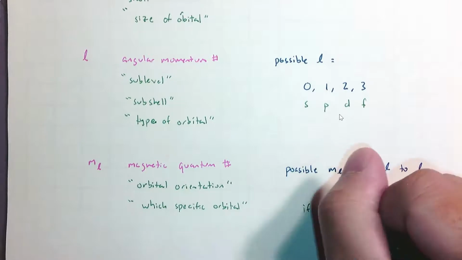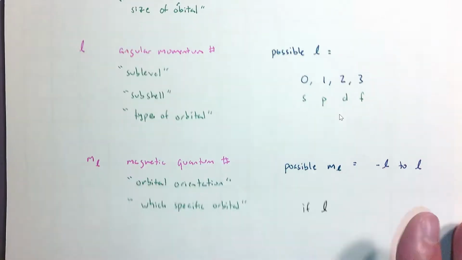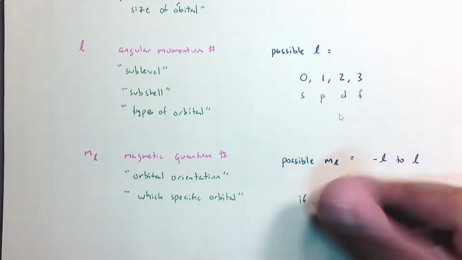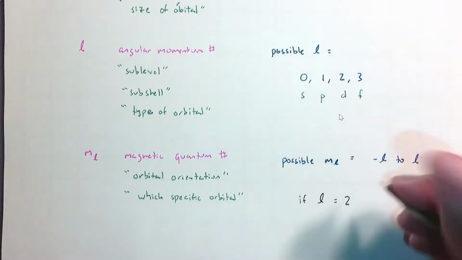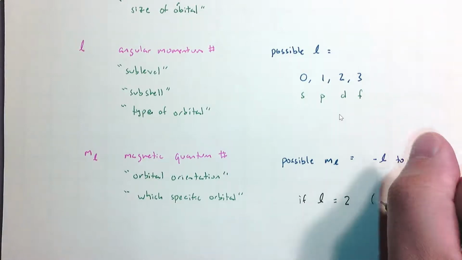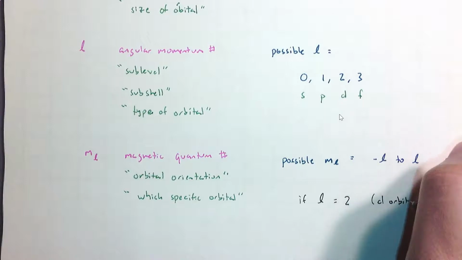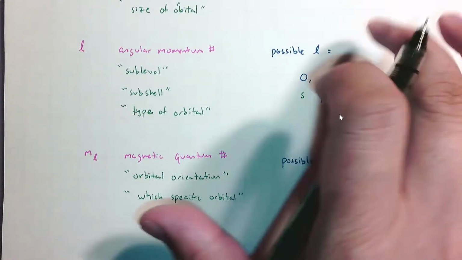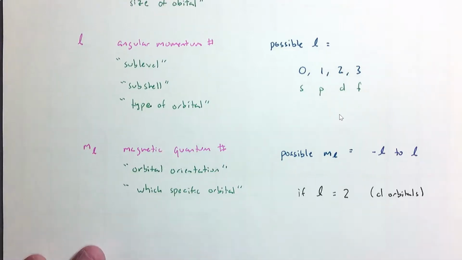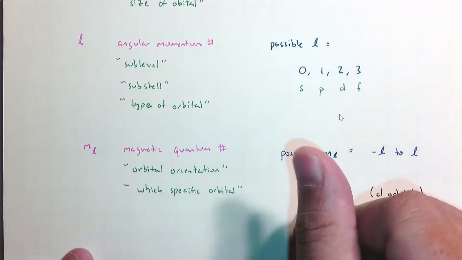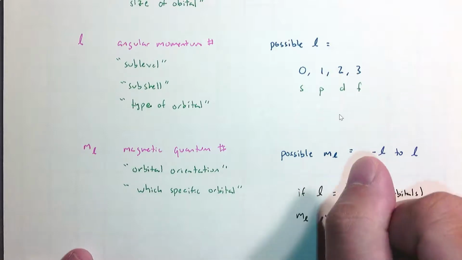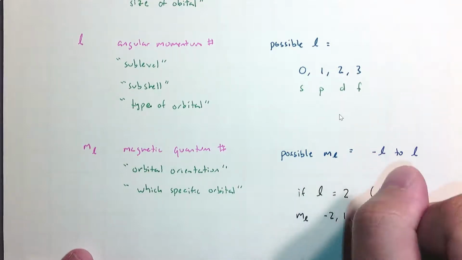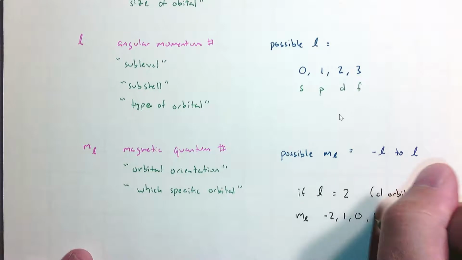If L, this L right here, is 2, what does that mean? That means you have d orbitals, right? But which d orbitals? You know that there are 5 d orbitals, and to designate those 5 d orbitals, the possible m sub l can be -2, -1, 0, 1, or 2.